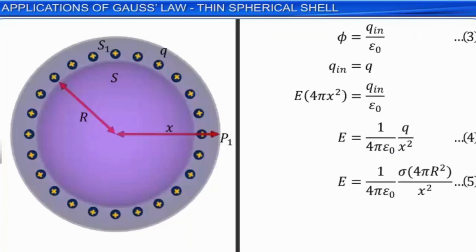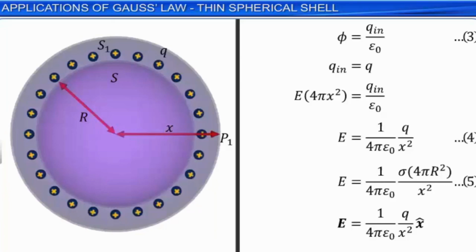The electric field strength E can be expressed in vector form as E is equal to 1 by 4 pi epsilon naught Q by x square into x cap, where x cap is the unit vector along the radius vector and directed away from the charged spherical shell.